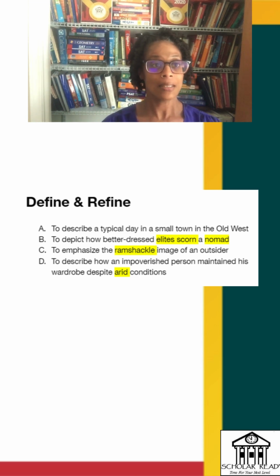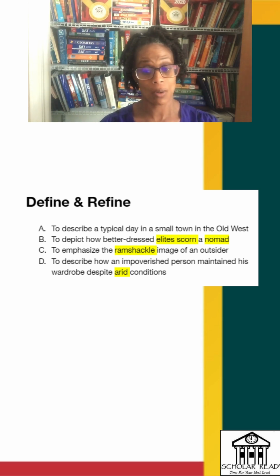Elites. Elites refer to people at the top of a particular social order. They're the top. They're considered the best in a particular group. Scorn means to have contempt for someone or to have extreme dislike. And nomad is a wanderer, a person who wanders from place to place. Ramshackle is raggedy and run down.